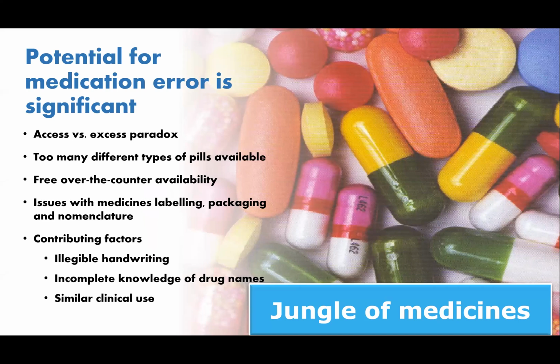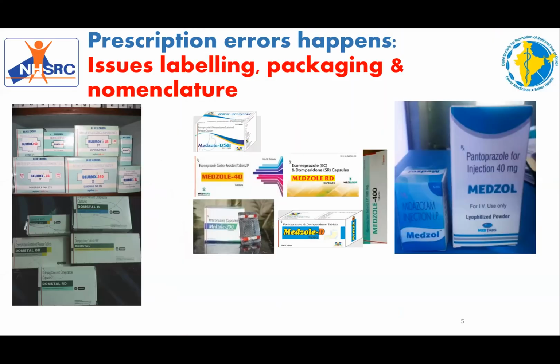We have several different dosage forms available. More than 1 lakh formulations are circulating in our country, and they have issues with the labeling part. Prescription errors happen because of this labeling issue, because the same brand name is being given to 2 different formulations.